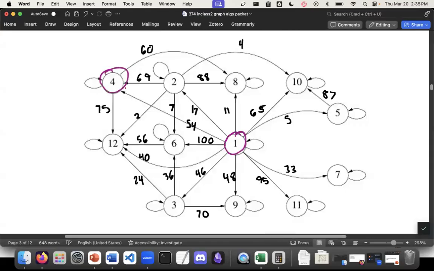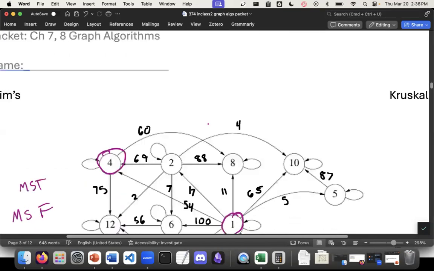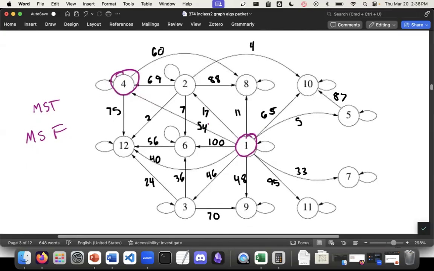Like if you start with 4, then you run into a wall and then you have to restart and so on. So depending on where you start, you will get either a minimum spanning tree or a minimum spanning forest, where forest is like a set of trees, which this gives you a forest because the graphs are disconnected. But yeah, so it depends where you start.